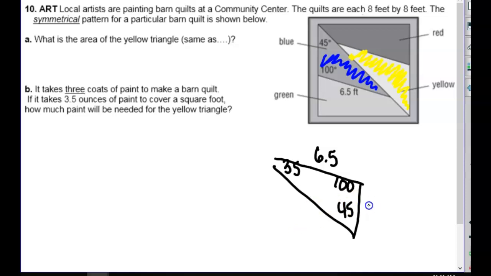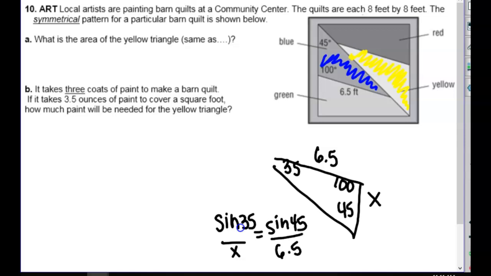So can we maybe find this side? The sine of 35 is across from x, as the sine of 45 is across from 6.5. So 6.5 times the sine of 35 divided by the sine of 45.